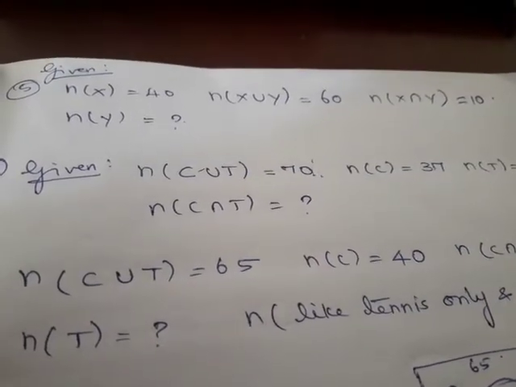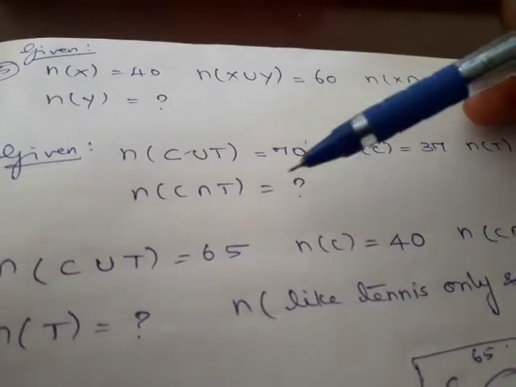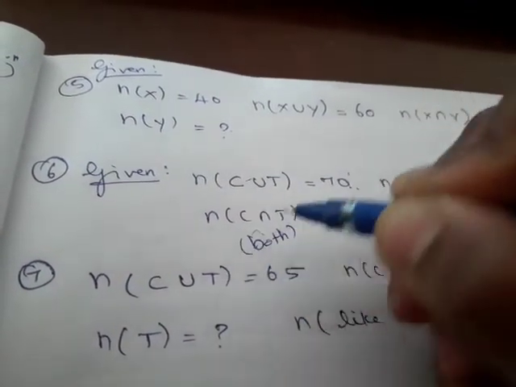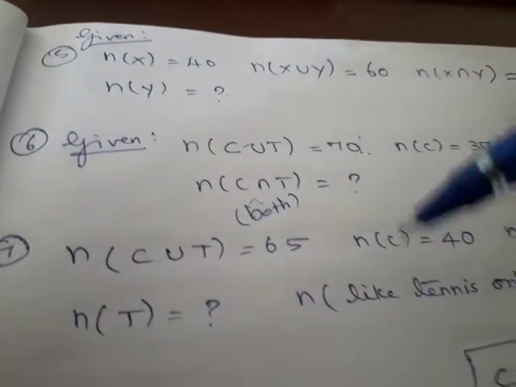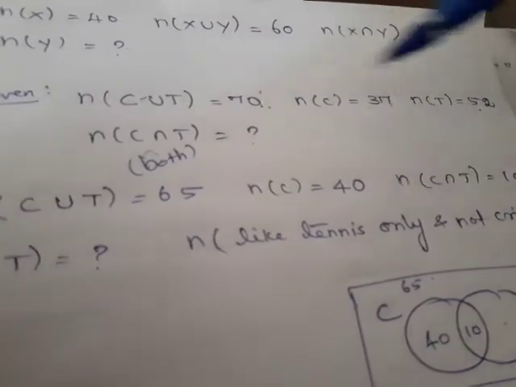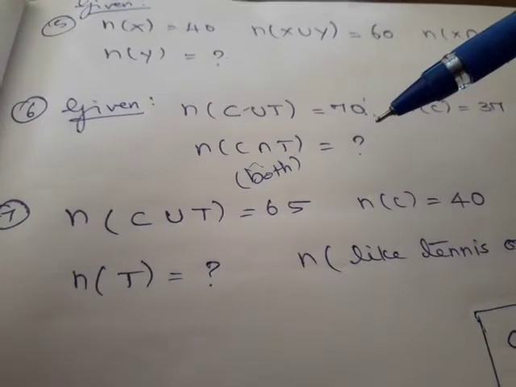How many people like both coffee and tea? Both, again I told you, when you come across the word both it means intersection, remember. So they asked you to find the intersection. So again the same relation, substitute the values and find what is C intersection T, right?